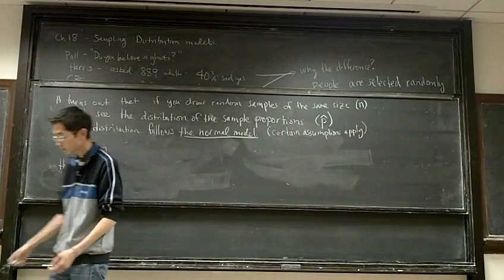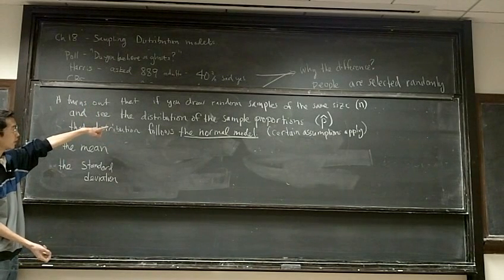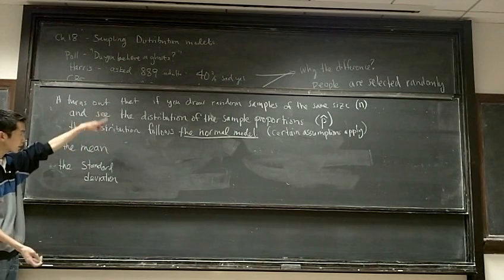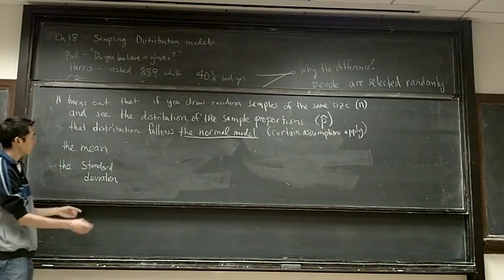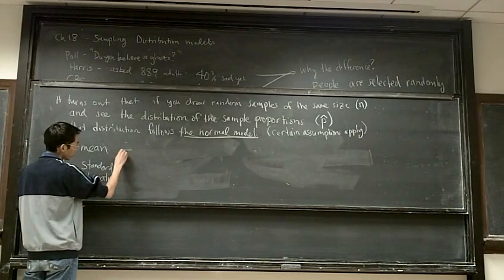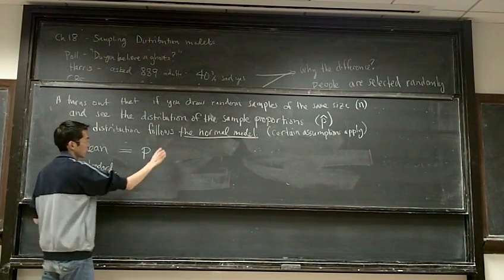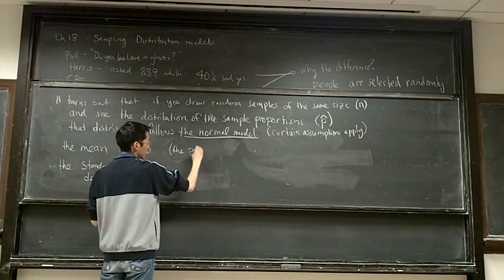Whenever we look at random samples of the same size n and at the distribution of those sample proportions, the mean of those sample proportions is equal to p, the population proportion.